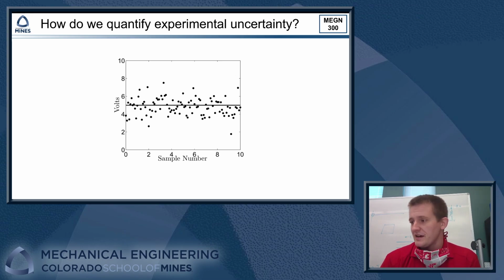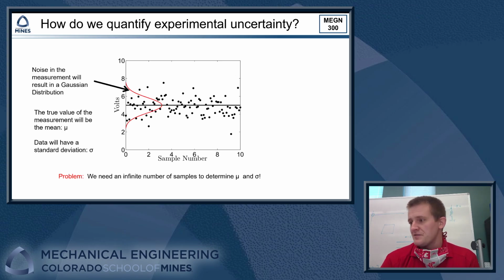So if we were to take this data set here and we were to look at that, it's forming a Gaussian or a normal distribution around a mean value, right? And if we don't have any bias errors in our instrument, or if our instrument's well calibrated, then the mean of that data set should fall exactly on the true value of our measured variable, okay?